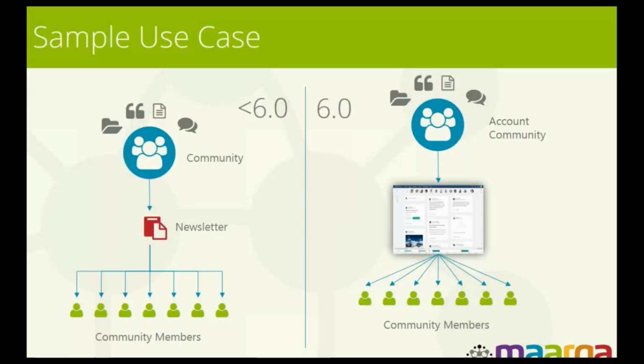The communication specialist would go through the community every week to find key relevant information for the team members, put it together into a newsletter, and send it across to the members of the community. But now in Connections 6, the role of the communication specialist becomes obsolete.